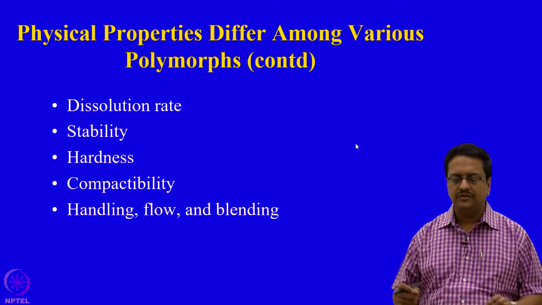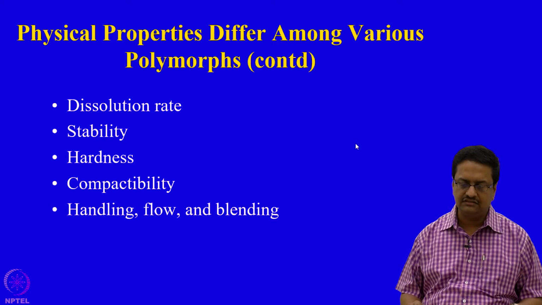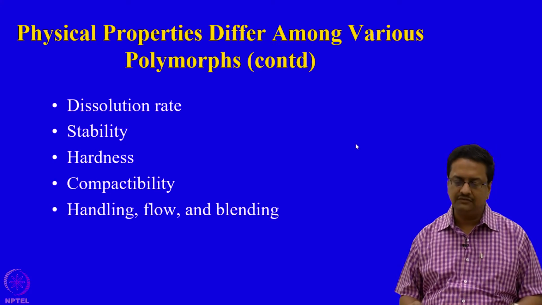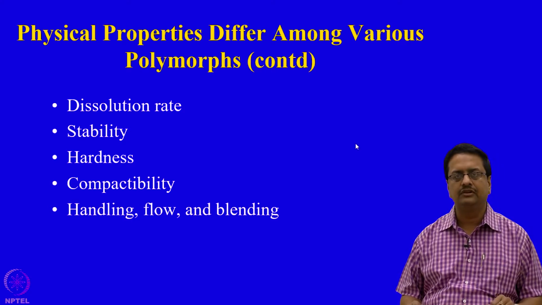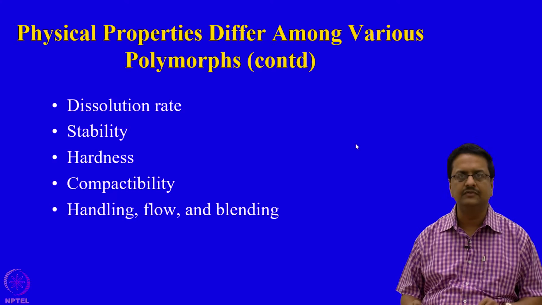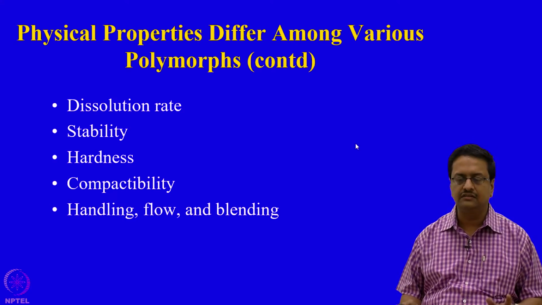In addition, there may be differences in dissolution rate, solubilities, hardness, compactability, handling procedure, flow and blending methods. Like one polymorph may be free flowing, one polymorph may be sticky. These are different physical properties that are seen in different polymorphs.